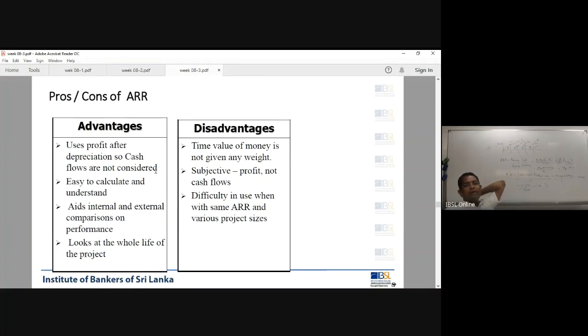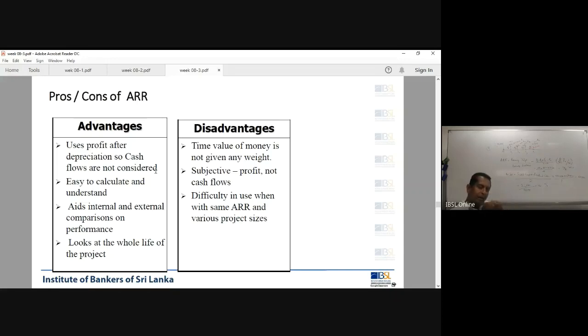Here we look at the entire lifespan of the project. Earlier, under payback period calculation, we consider the project only up to the payback point.